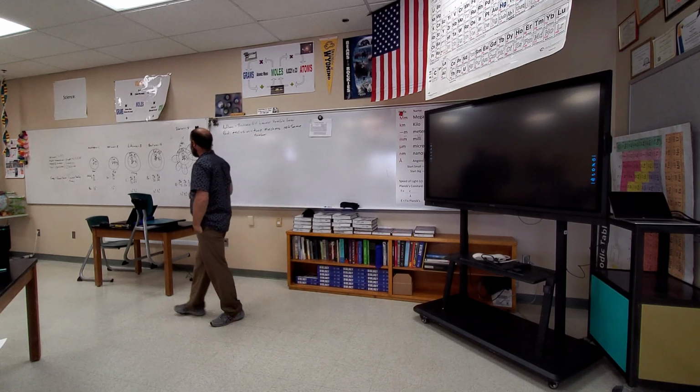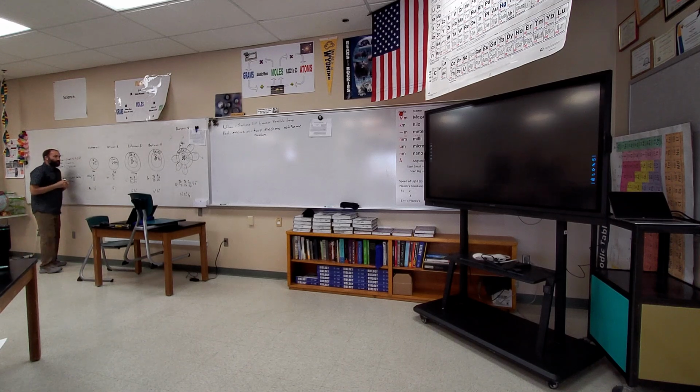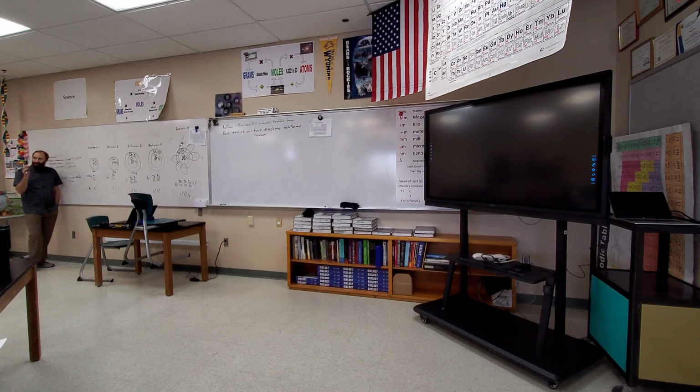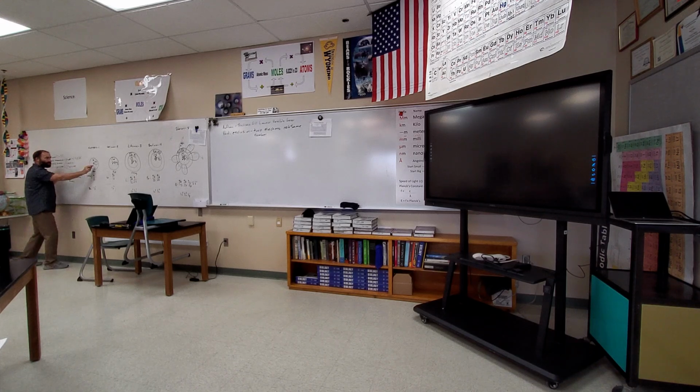All right, so practically speaking, what does that look like? In our quantum model, we can assign that electron a set of numbers that describes the distance, the angular momentum, the magnetic number, and the spin of that electron. So, if we are going to assign this one a number, it is in the first energy level.